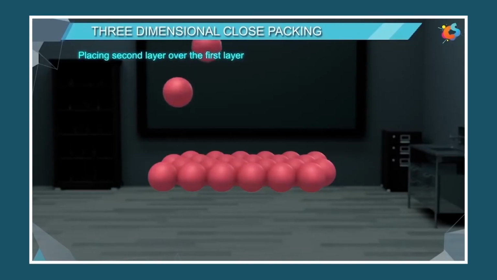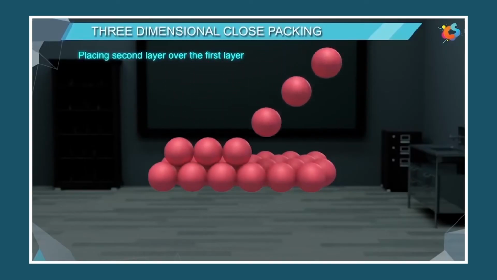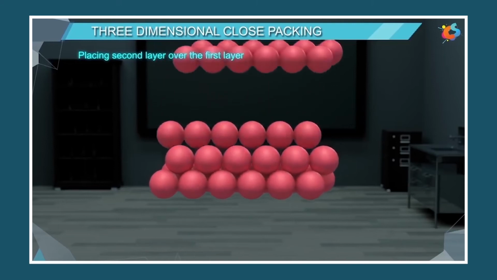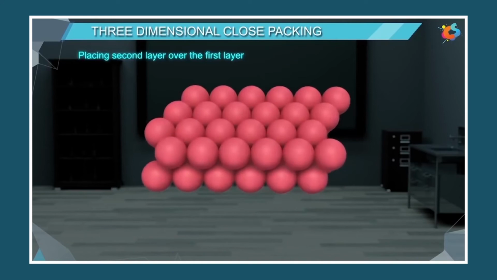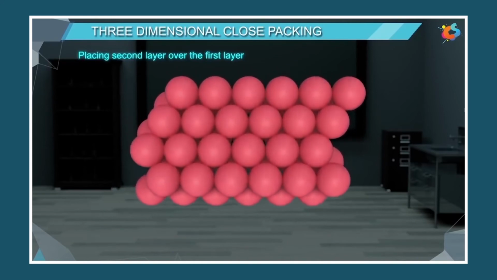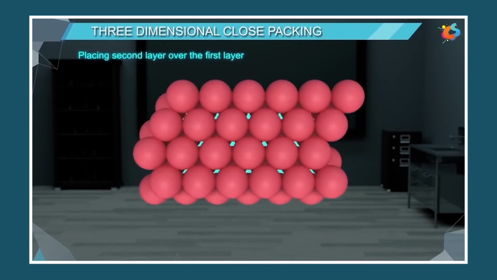As the spheres of the second layer are aligned differently as compared to the first layer, let us call this layer B type. On observing, we will notice that not all the triangular voids of the first layer are covered by the spheres of the second layer. This gives rise to a different arrangement and a different void.